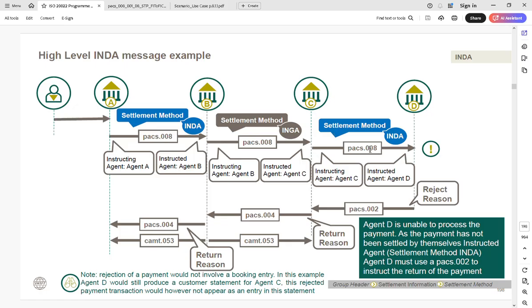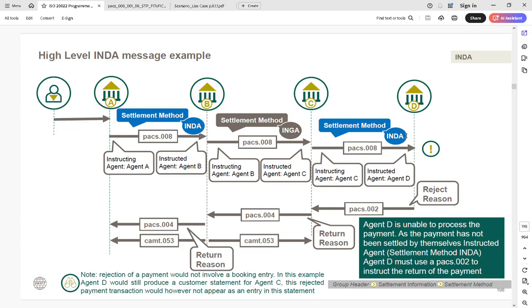So settlement method INDA, agent D must use PACS002 to instruct the return of the payment.